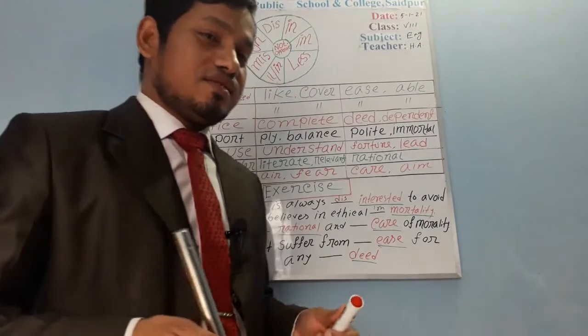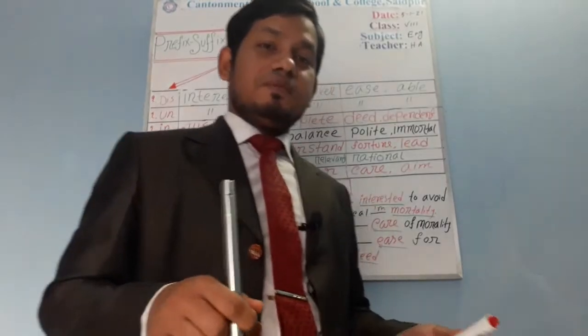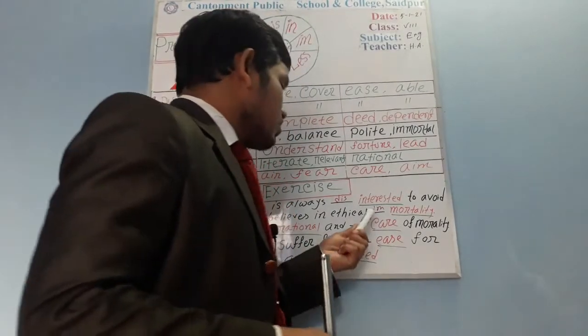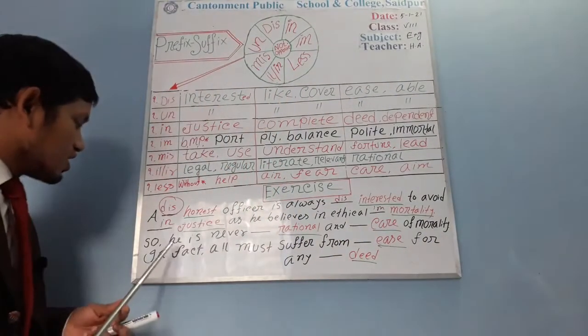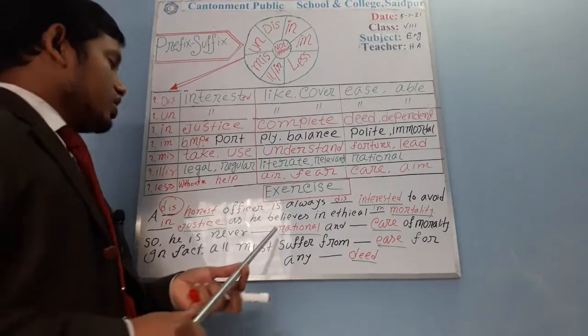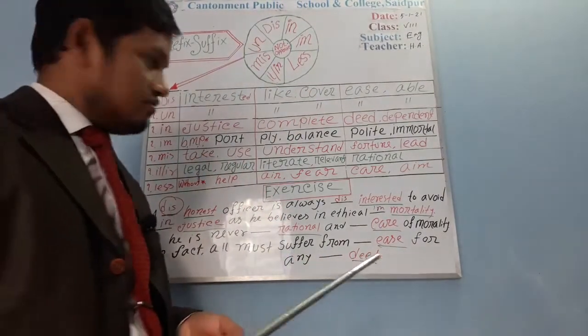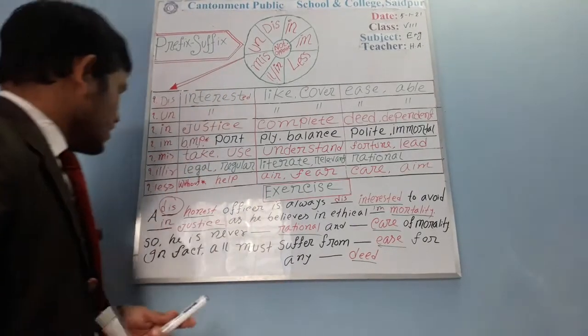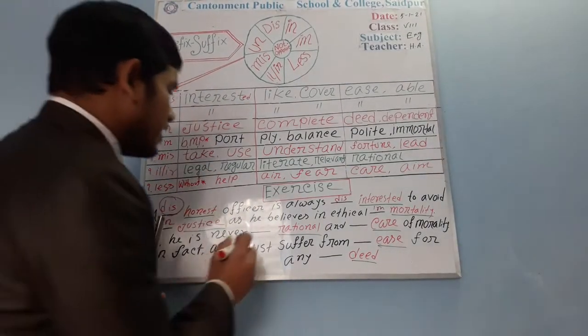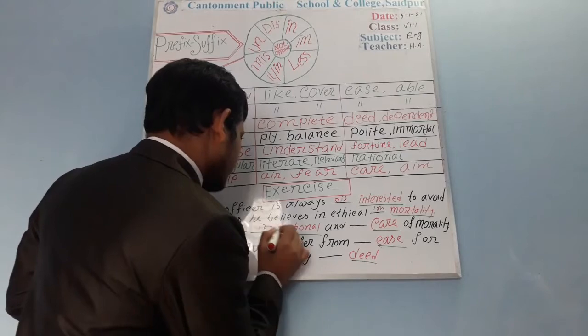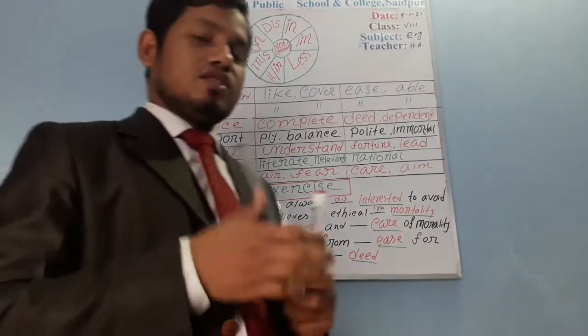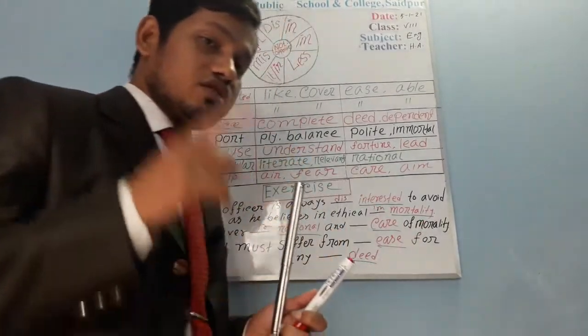No existence will be in this earth if it has life. So immortality. Learners, next. So he is never rational and care of morality. Here the meaning is, that's why he is never irrational. Irrational, not irrational means not rational.